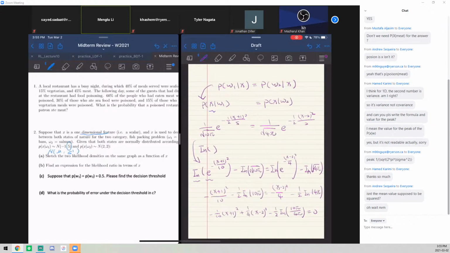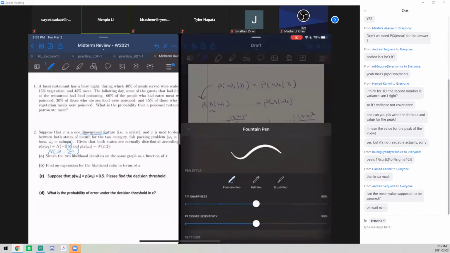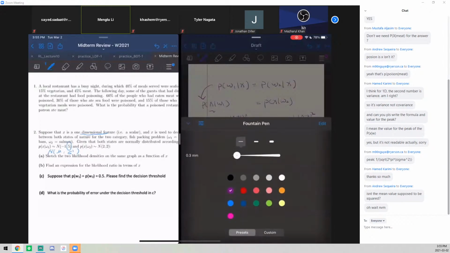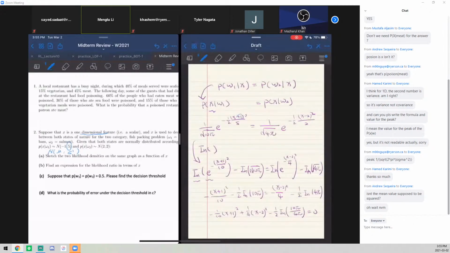Is the mean value supposed to be square? No. Here's the mean value, and we take x minus mean and the square of x minus mean.